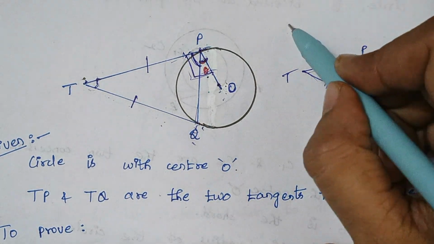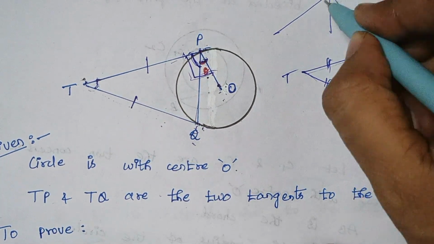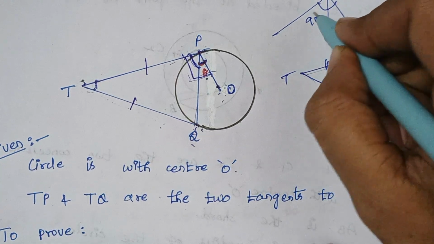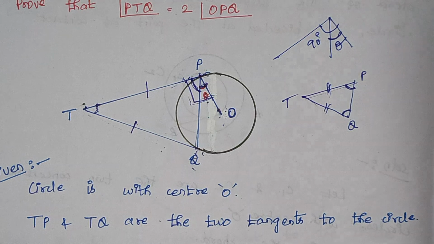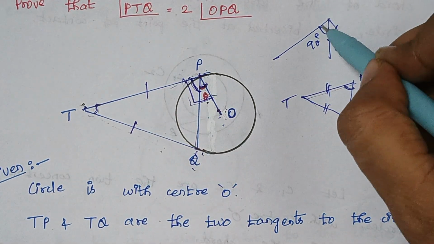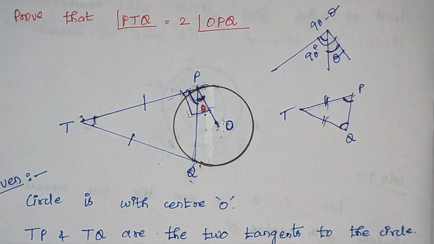Again I am drawing here. The whole angle is 90 degrees and this angle is theta. So what about this angle? This angle will be 90 minus theta. Am I making it clear?